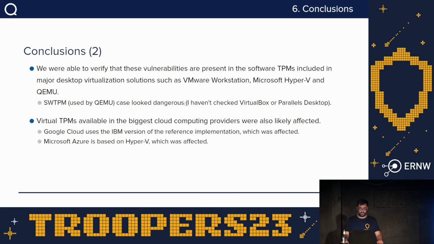In the case of Azure, it is based on HyperV, which was affected, at least in the version that you can have on your computer, either on your laptop or on your servers. It's unknown about Amazon because we don't know what Nitro TPM is based on, and we don't know either about Oracle infrastructure.